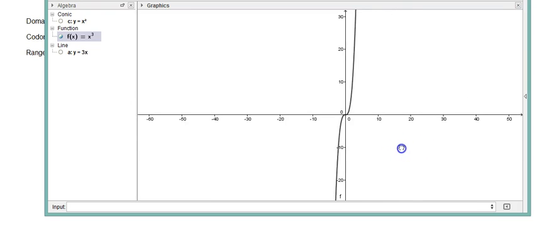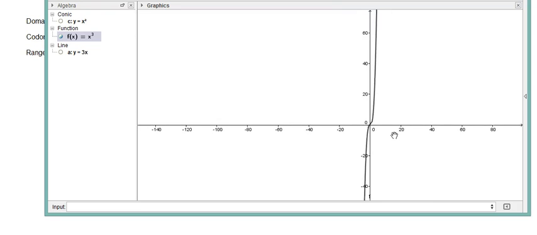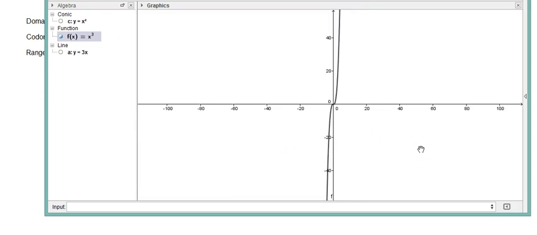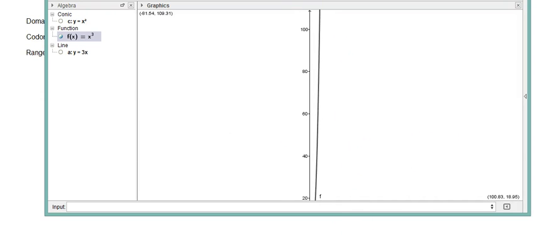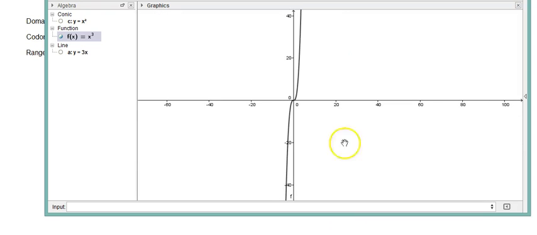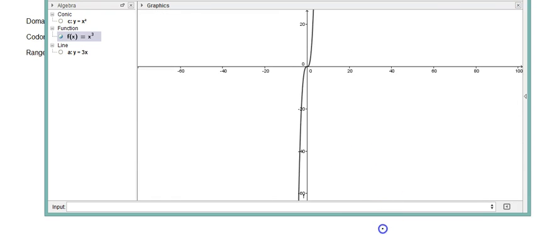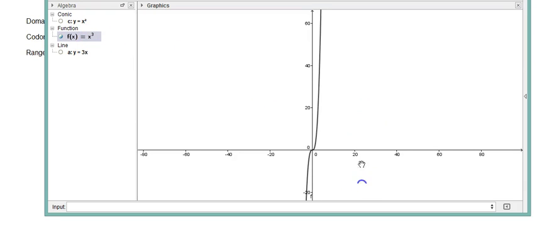For negative values also we are getting some values. So you can put any value of x over here. And for y, when I go up, it's going to positive infinity, and it's going down to minus infinity. So my domain is going to be R, the set of real numbers, or minus infinity to plus infinity, and my range will also be from minus infinity to plus infinity.